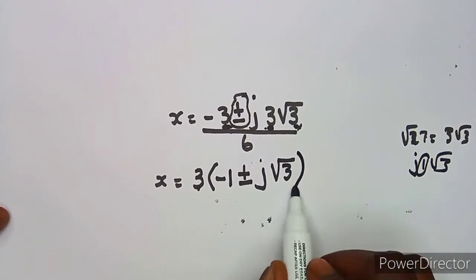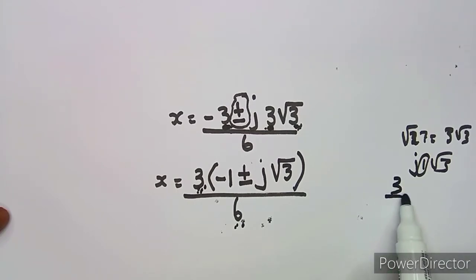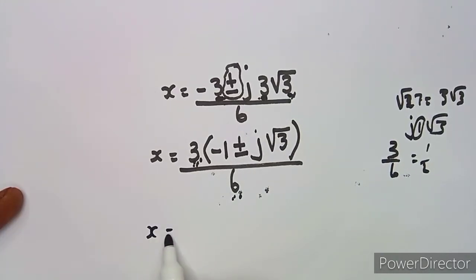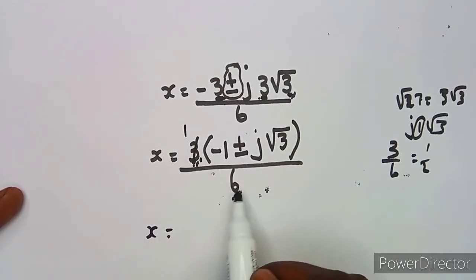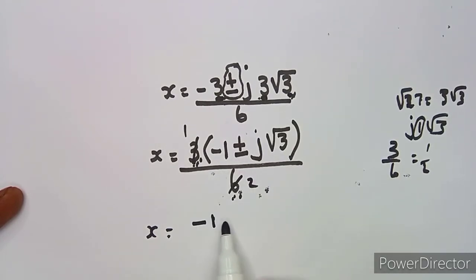Okay, everything over 6. So these two can reduce each other because you're multiplying. 3 over 6 from your calculator is 1/2, or you can just reduce 3 into 3, that's 1, and 3 into 6, that's 2. So on top you're going to be left with -1 plus or minus j square root of 3 over 2, like this.